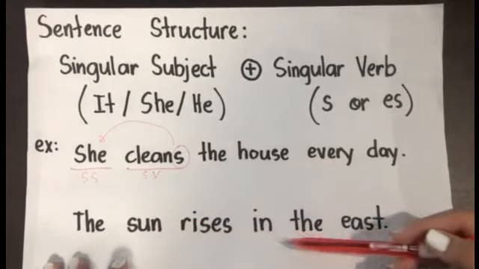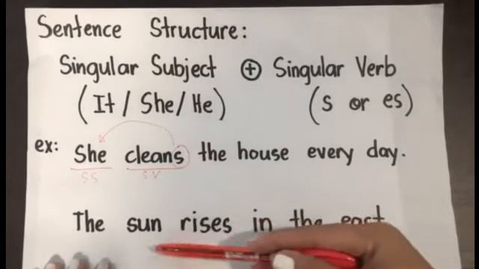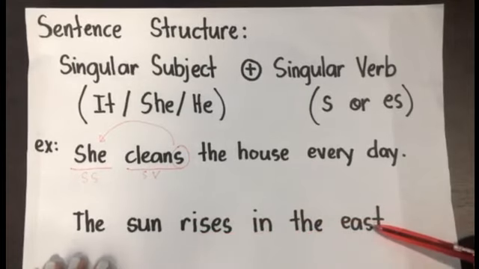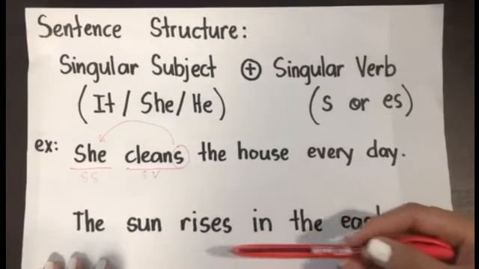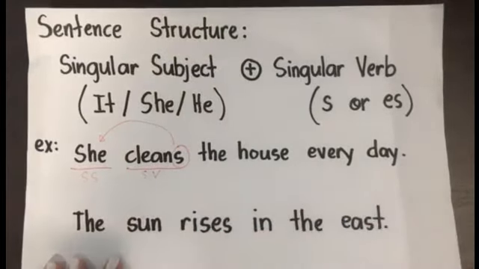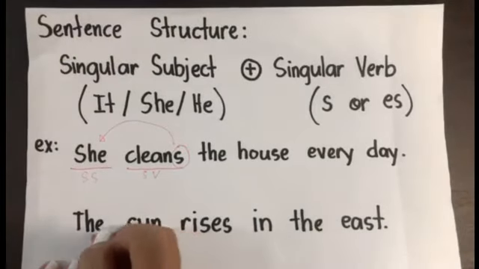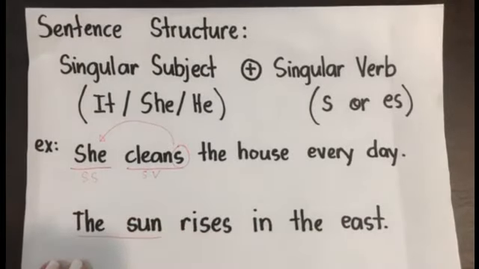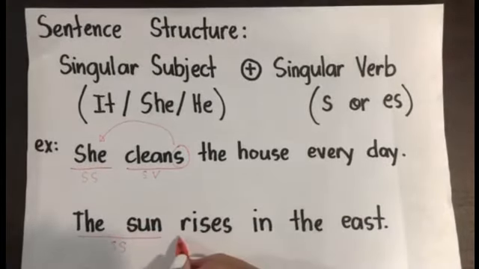Now let's have the next example. The sun rises in the east. Look at the subject and the verb of the sentence. The subject is the sun, which is a singular subject. And we have the verb rises.